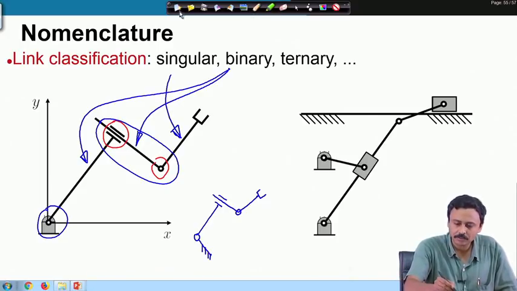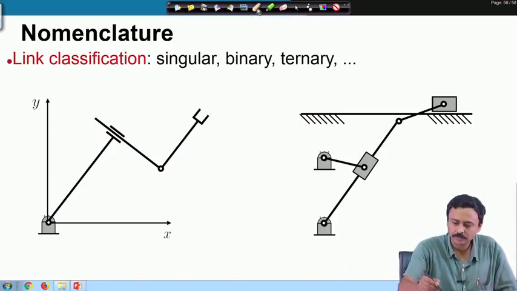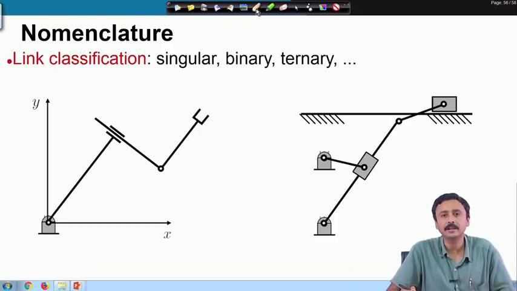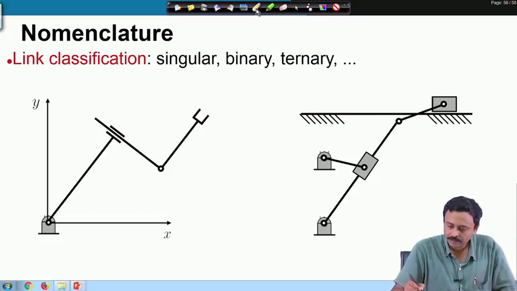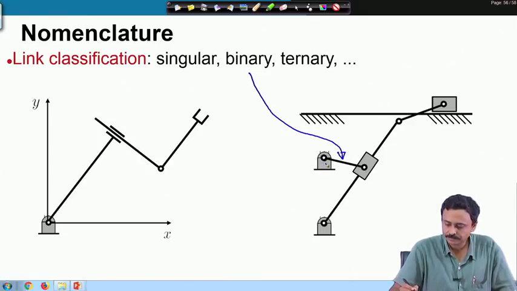Let us now go over to the mechanism on the right, the kinematic chain on the right. This is a binary link, it has got two connection points. This slider is also a binary link.